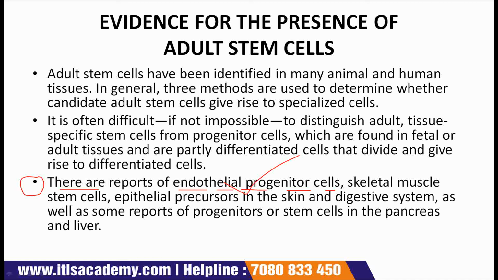So, there are reports of endothelial progenitor cells, skeletal muscle stem cells, epithelial precursors in the skin and digestive systems, as well as some reports of progenitors or stem cells in the pancreas and liver.